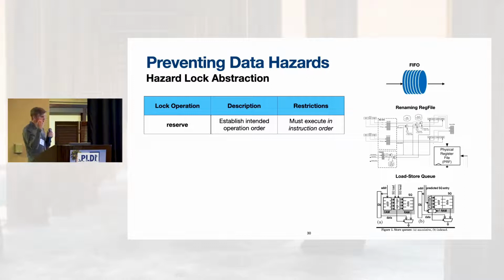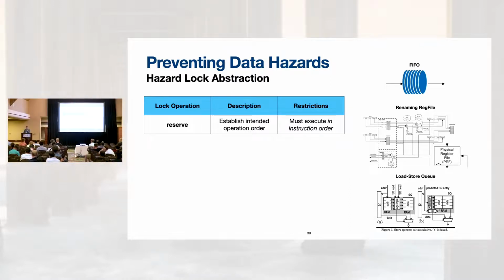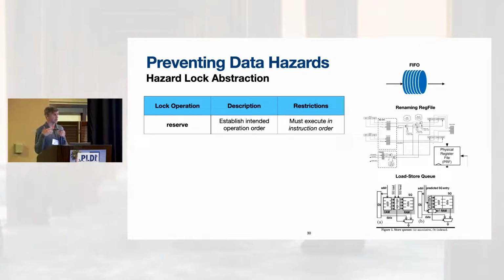All of these different designs or ways of preventing hazards basically require, at some point, that you know what the true instruction order is. Like, what is the actual order of instructions and operations that you'd like to defend against? And so the reservation step has to happen in the intended instruction order. This basically tells those locks what the intended order of observation is. And so this is typically at the front end of the pipeline. This is a very common archetype for how you'd implement architectures.